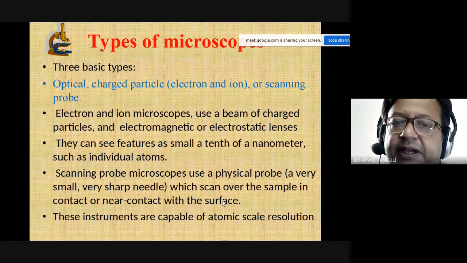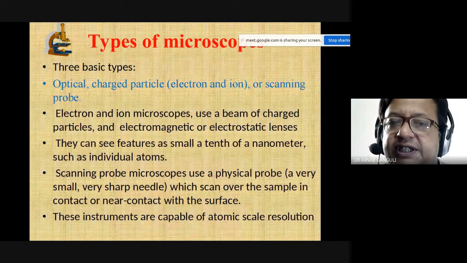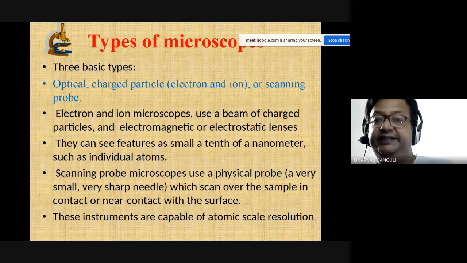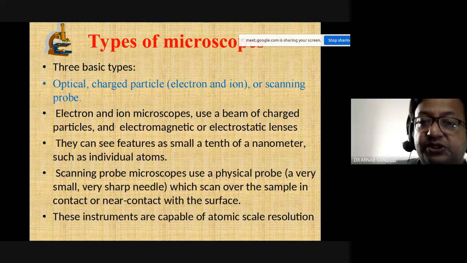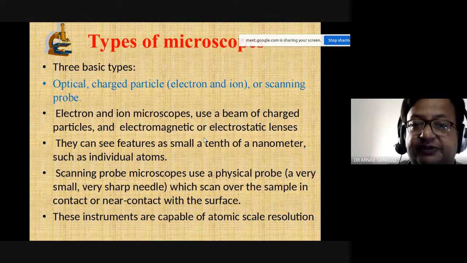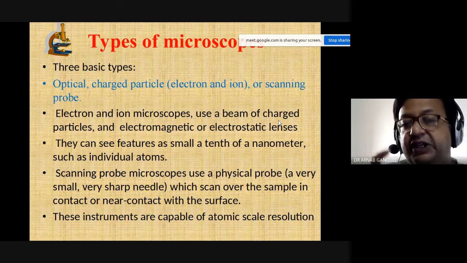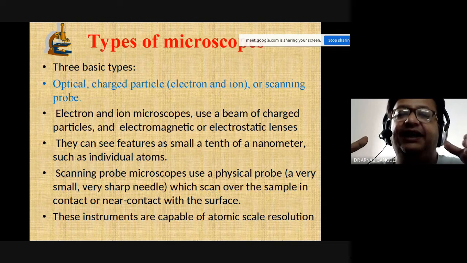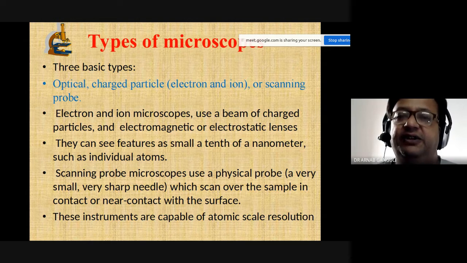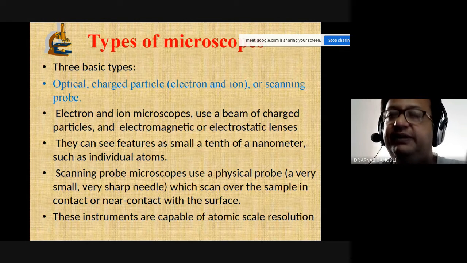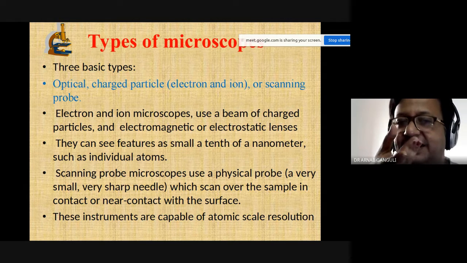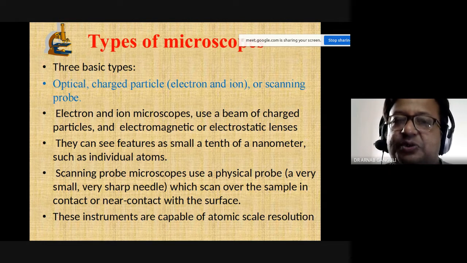So you have the optical microscope, which you have seen, and then you have charged particles, which we are using, and that is the electron microscope. They use a beam of electrons, and instead of glass lenses, the lenses are nothing but electron condensers. That is an electromagnetic field which will move the electrons right, left, up, down. You don't have glass through which electrons flow.